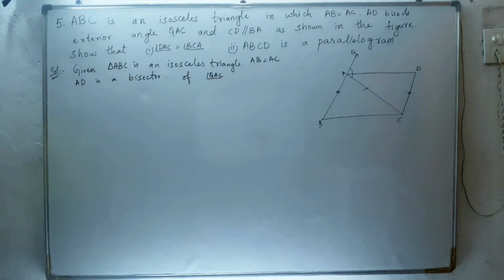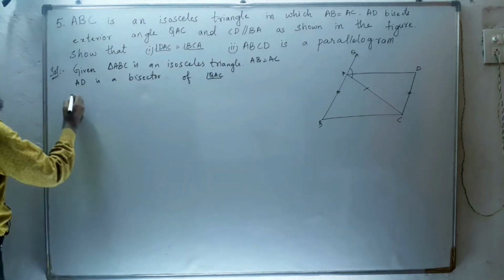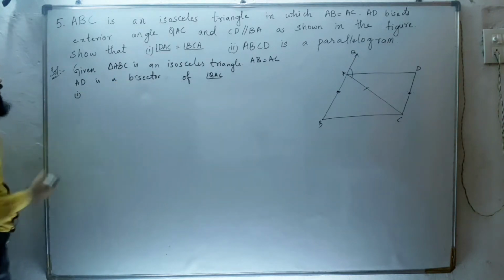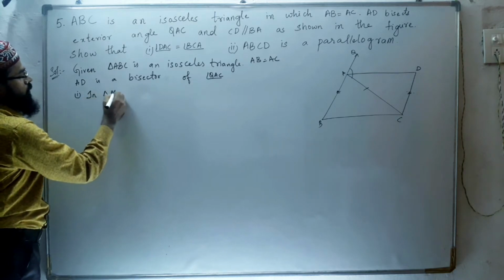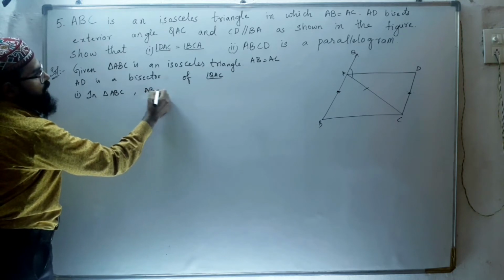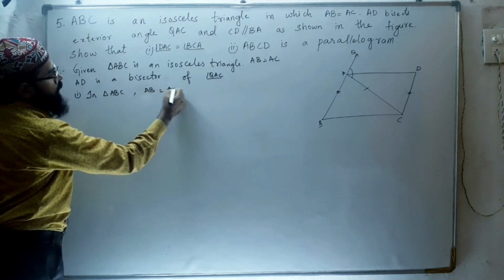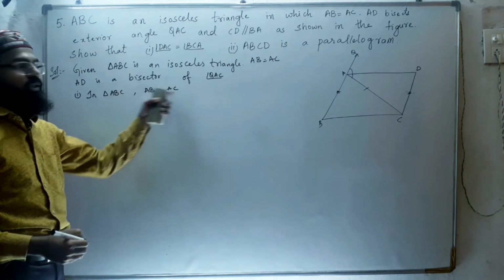Next, we have to prove that angle DAC is equal to BCA. For proving that, let us write the first bit. In triangle ABC, AB is equal to AC. Why? Because an isosceles triangle has two sides equal.